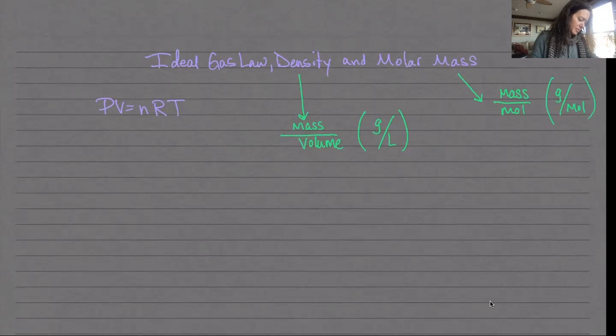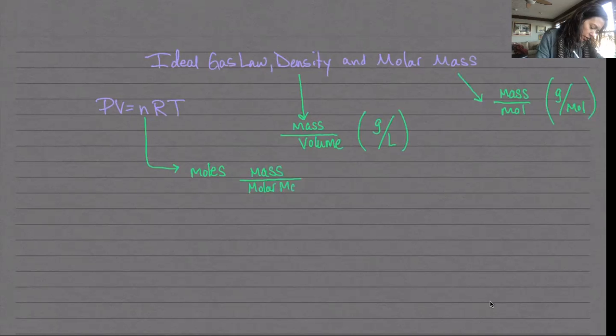All right? Now, I want you to think about something else. N stands for moles, right? And if I was to ask you to calculate the moles of something, you would take the grams given and divide it by the molar mass. And that would equal your number of moles, okay?